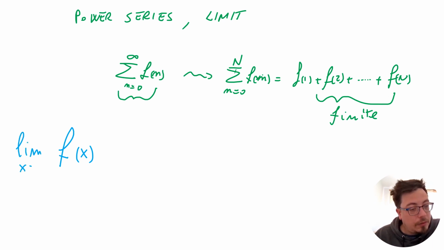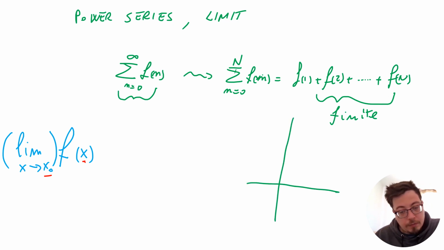By the way, it's written like this. You have the limit for the variable x, so you're evaluating x around x0. For example, you have your function, which could be any function. In this case, let's pick sine.